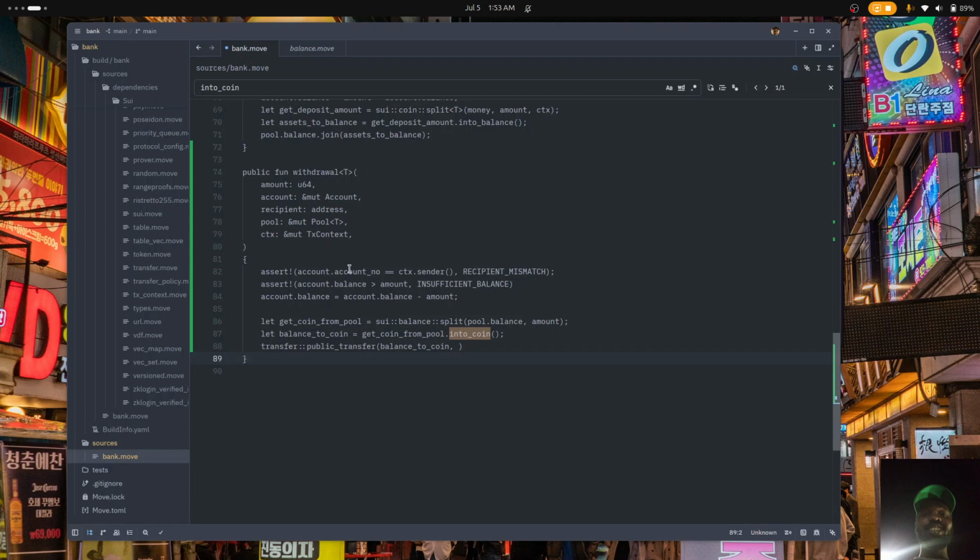First, it checks if the caller is the owner of the account, and if they succeed, next it checks if there's sufficient balance in the account. Then it reduces the balance from your account and takes out the token. So all this is already okay. So now I want to take the recipient. It should work.